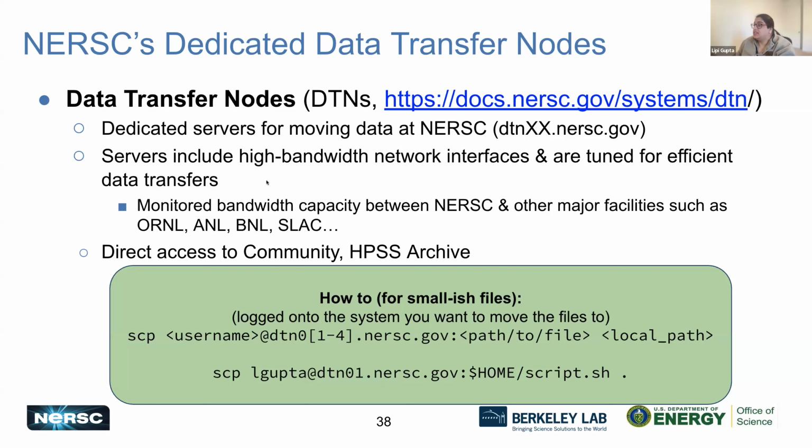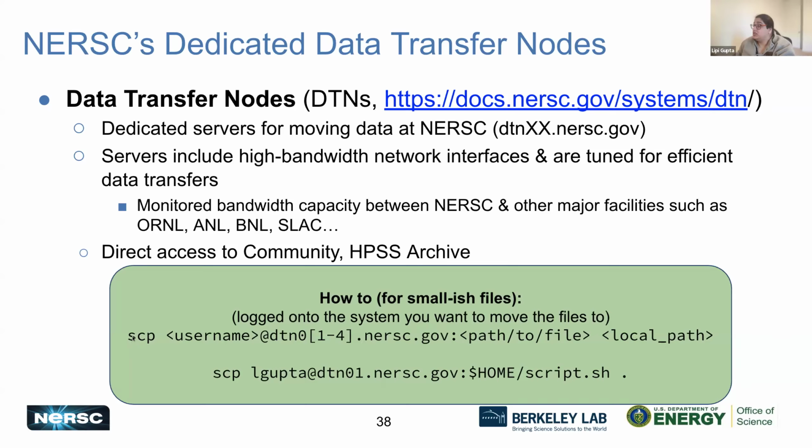They have direct access to the community file system, HPSS archive, and, yeah, so for smallish files, smallish is the reason I read that is because it kind of depends.